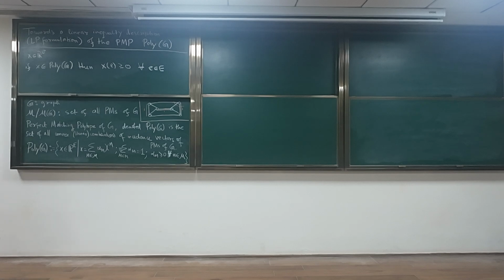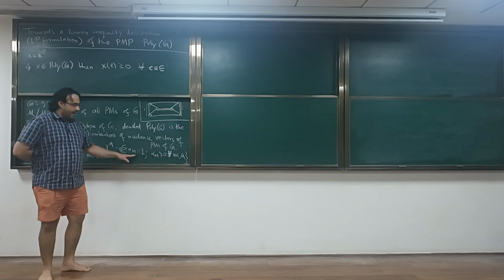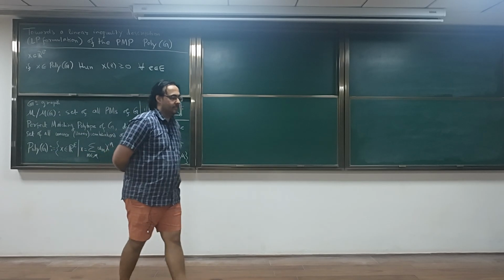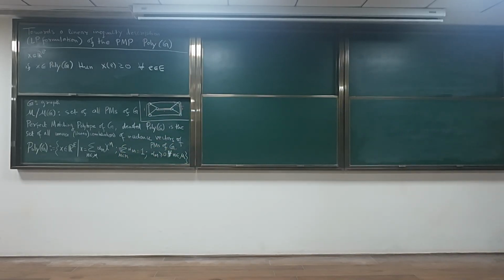If you take convex combinations of such vectors, remember in the convex combination definition, the coefficients are non-negative and they add up to 1. Then can you see that in any convex combination, you can say something interesting about the sum at each vertex?